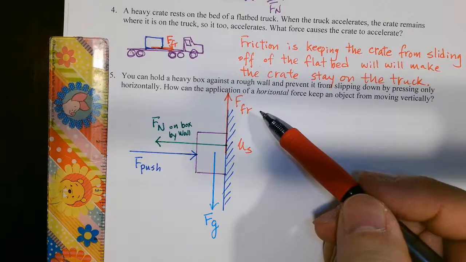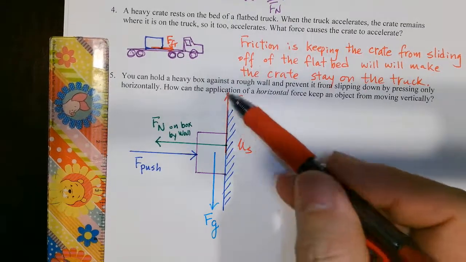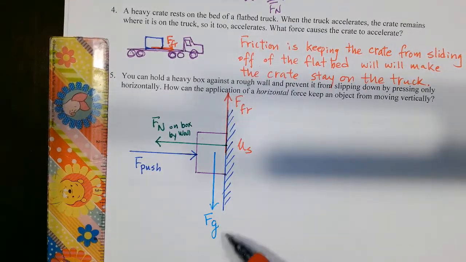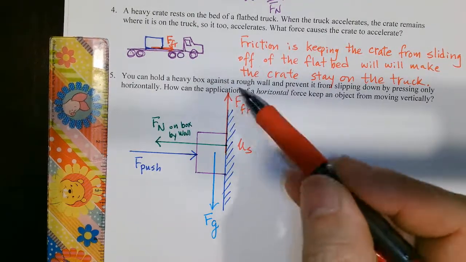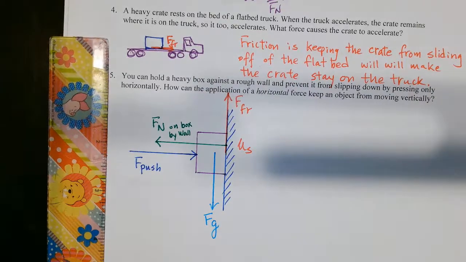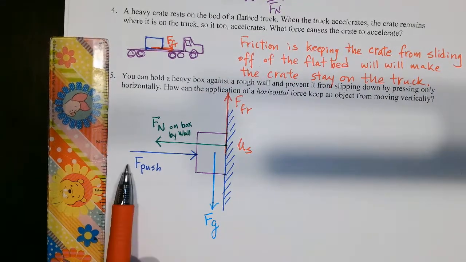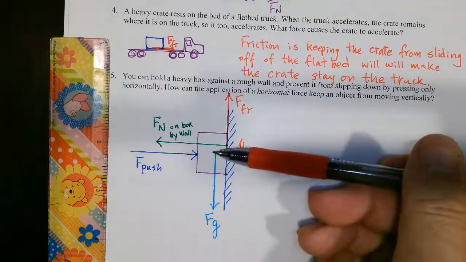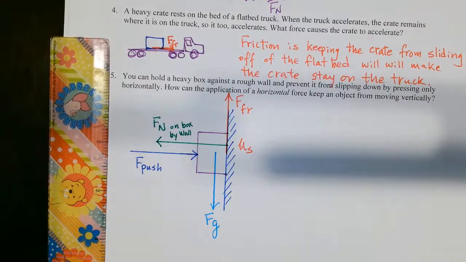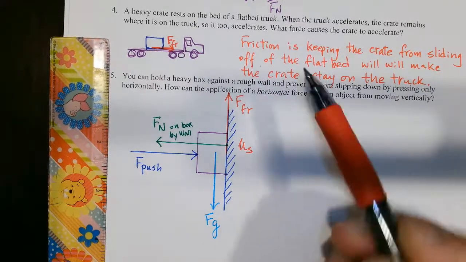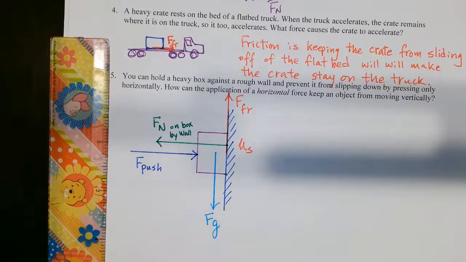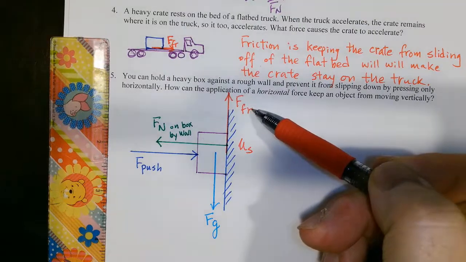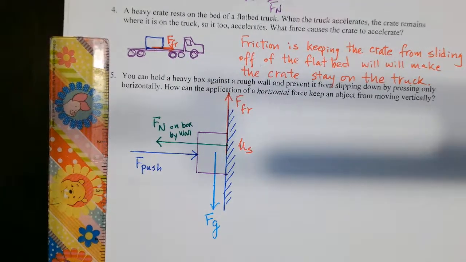So it doesn't always have to be greater. This frictional force is always going to be equal to this Fg, but it can be calculated to be greater than the Fg because this friction is only going to be a reactive force. So by pushing against the wall, creating normal force from the wall to the box will create friction, and mu sub s times normal force will give you friction. And as long as this value is equal to or greater than Fg, it would hold up there.